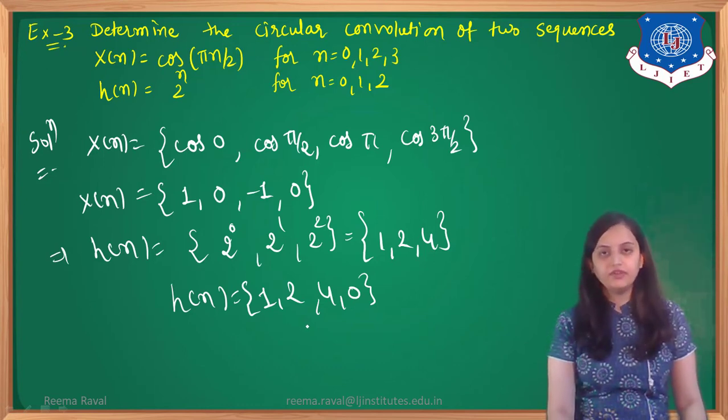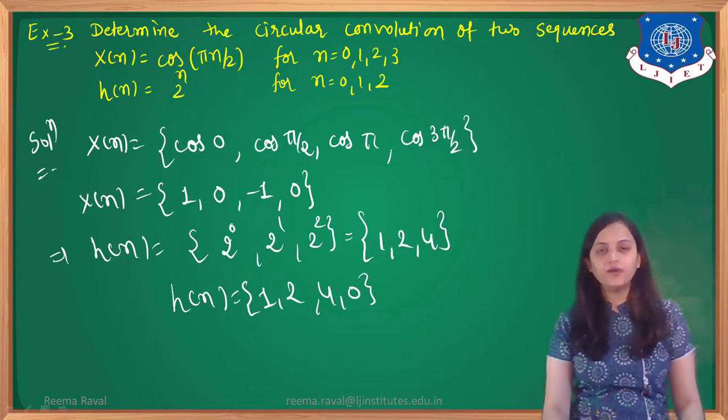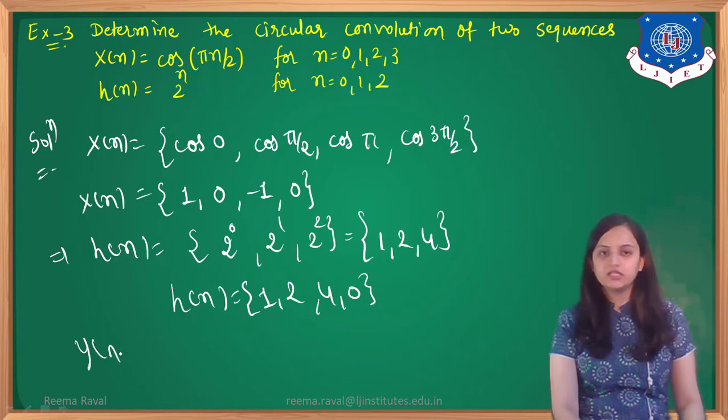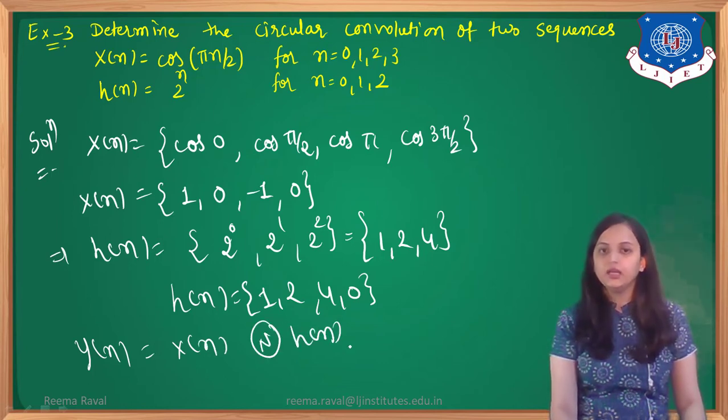And now the same way which we are doing for the matrix method to find the circular convolution, we will take the output sequence y of n, which is to be obtained by the circular convolution of x of n and h of n, where the values of h of n in the matrix are to be rotated as we have seen in the previous examples, and then multiplied with x of n to get the final circular convolution output y of n.